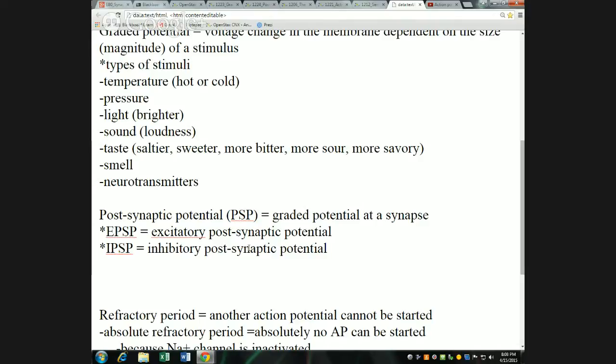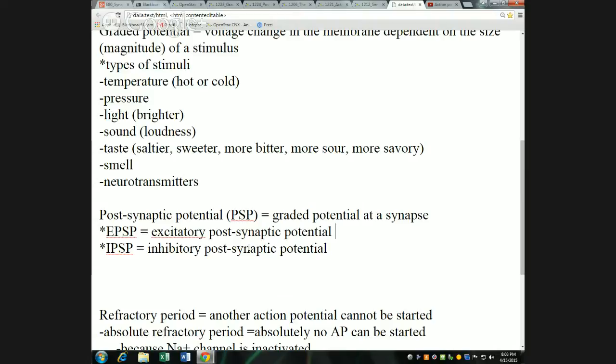We use the terms excitatory and inhibitory because we're talking about the effect it has on creating an action potential. So excitatory postsynaptic potentials are going to get closer to threshold and excite the neuron. Inhibitory postsynaptic potentials are going to get further away from threshold and inhibit the neuron.